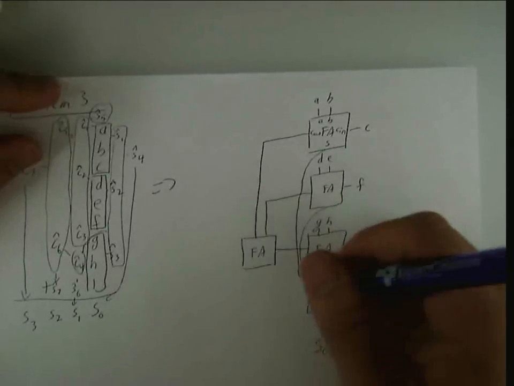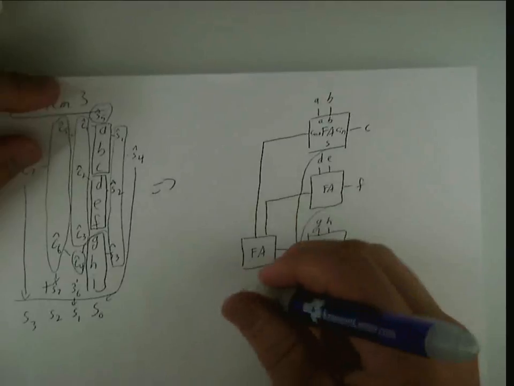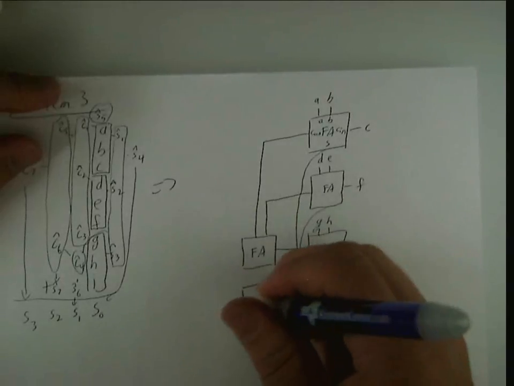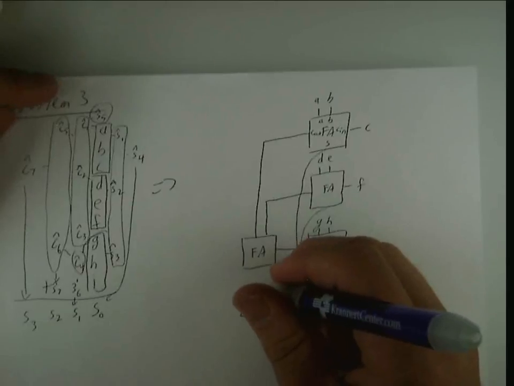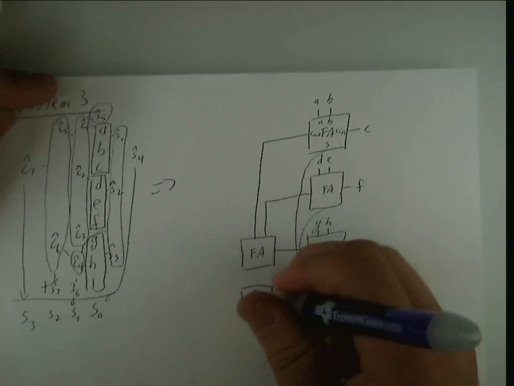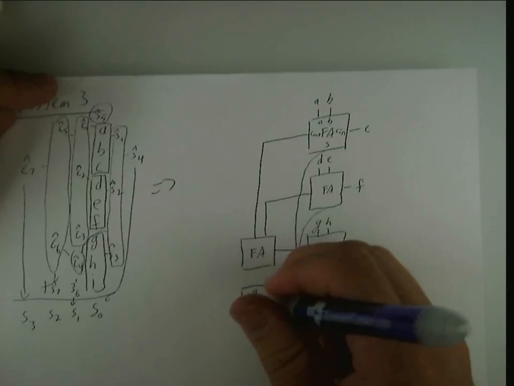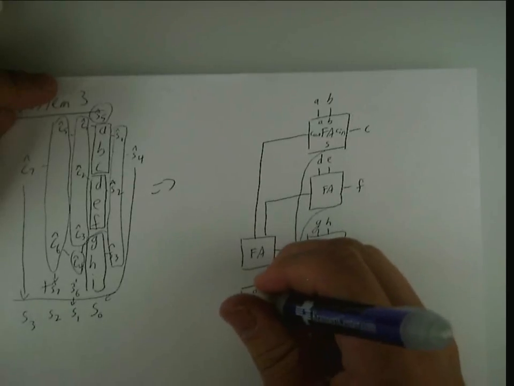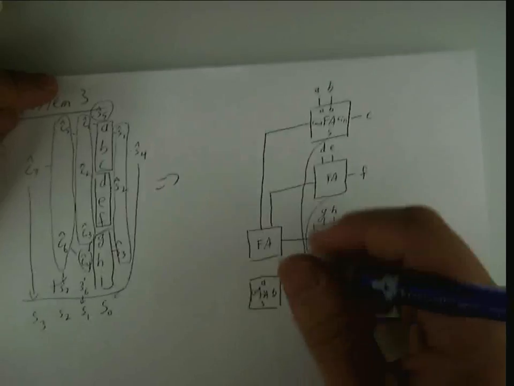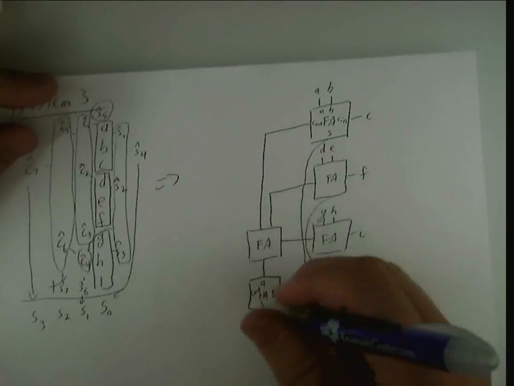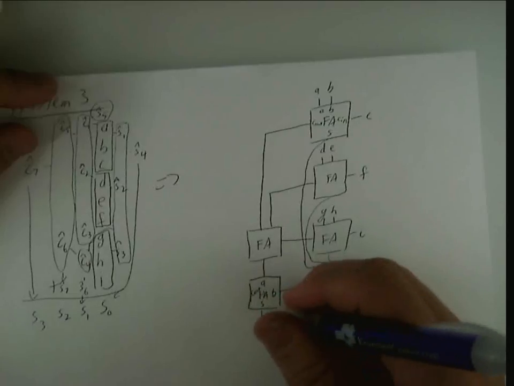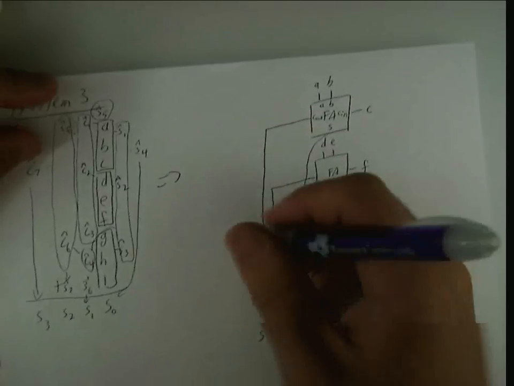And then I just need this C out to go into here, so we're going to have a half adder, and I need to relabel everything. So I'm going to label my half adders this way: A, B, half adder, C out, and S. So this is going to go into A, this is going to go into B, and this is going to come out to be my S1.